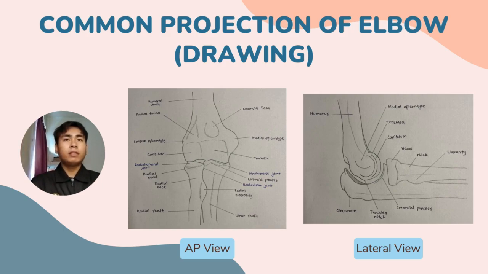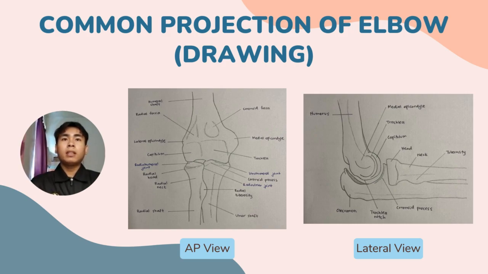Then for the lateral view, the medial epicondyle and the lateral epicondyle are superimposed on each other. The olecranon process is seen not inside the olecranon fossa of the humerus, and the radial head, radial neck, and radial tuberosity can be seen.